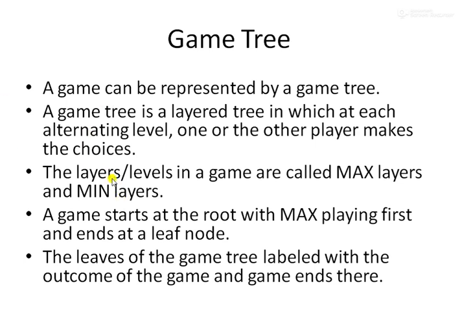So the levels in a game tree are called the max layers, and another layer is the min layer. So min and max here: max will be the computer program, that means when the computer gives some moves, that will be known as the max layer, and the other is the min layer. The min layer is the opponent of the computer, that is the human being.